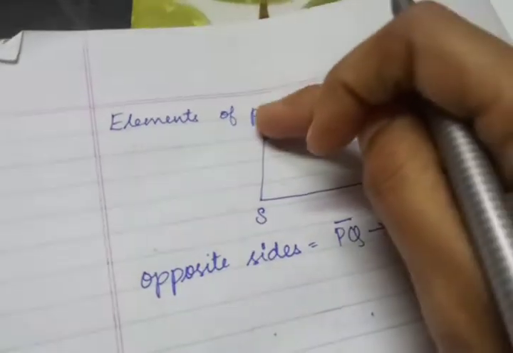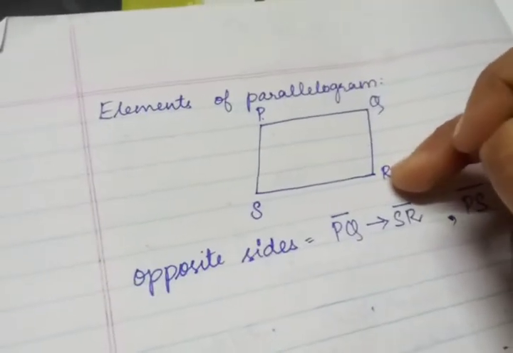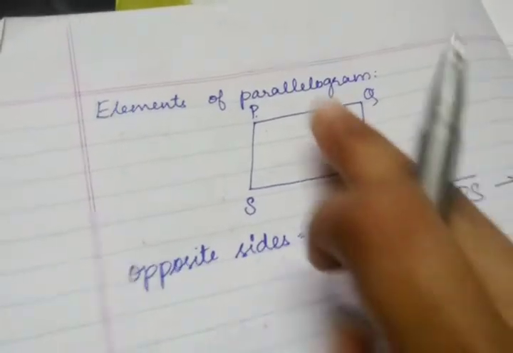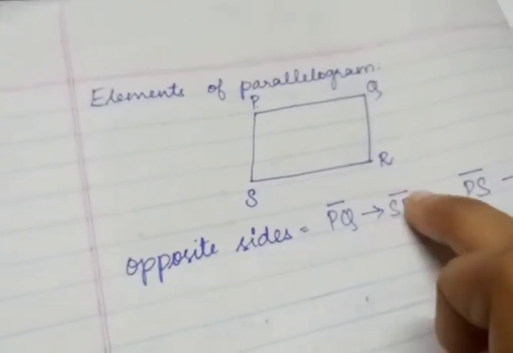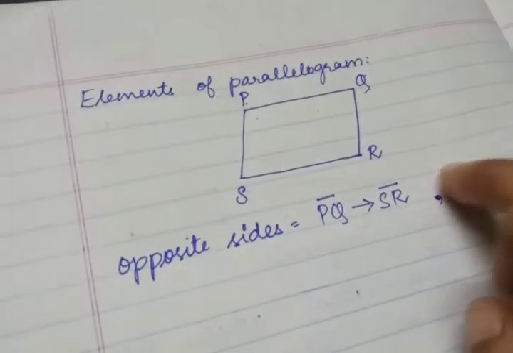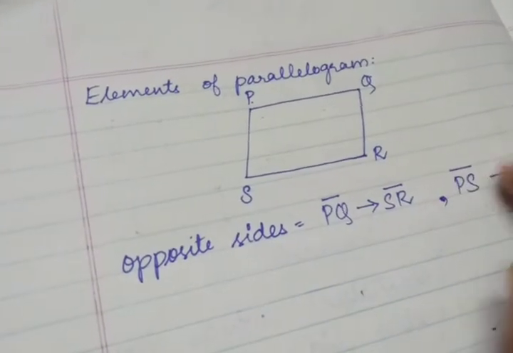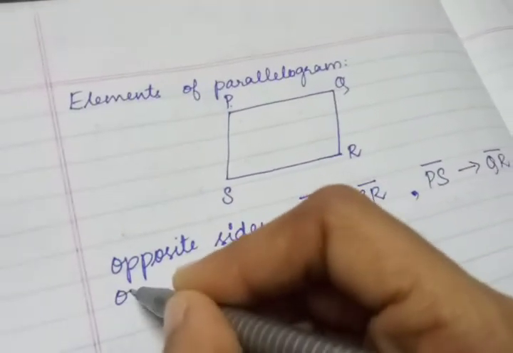If you read PS, you should say QR. So the opposite sides are PQ opposite to SR, and you should write the bar on top, children. Then PS with a bar on top is opposite to QR. Understood? Opposite sides.